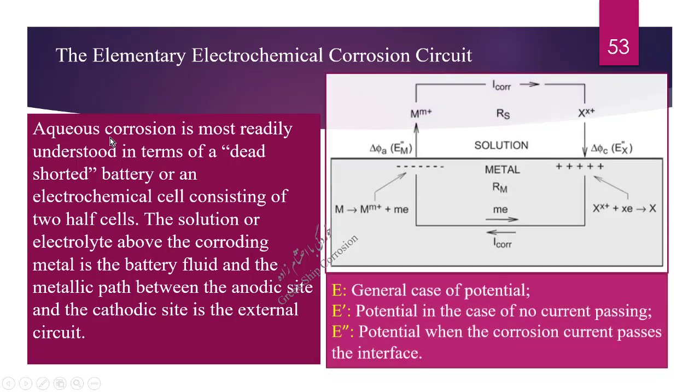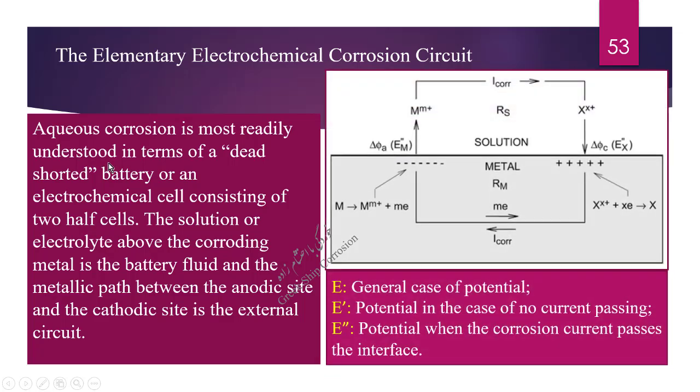Aqueous corrosion is most readily understood in terms of a dead shorted battery, or an electrochemical cell consisting of 2 half cells. The solution or electrolyte above the corroding metal is the battery fluid, and the metallic path between the anodic site and the cathodic site is the external circuit.